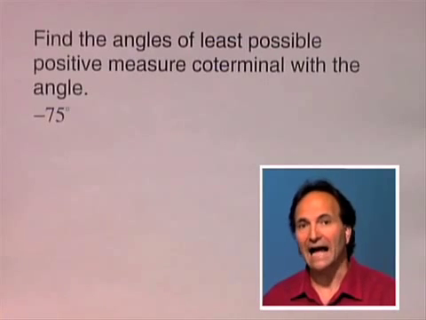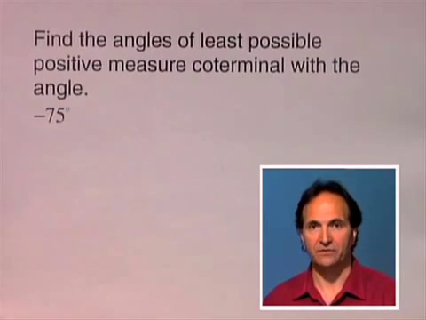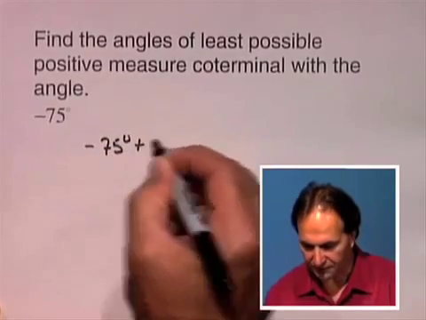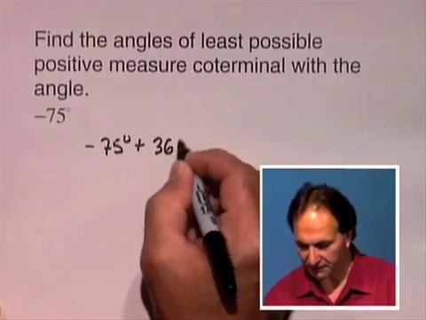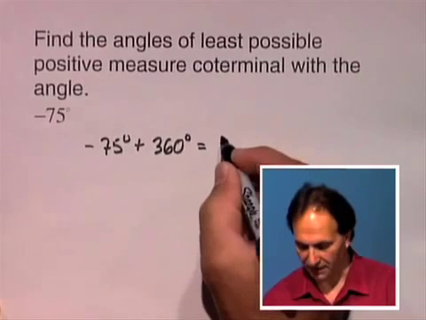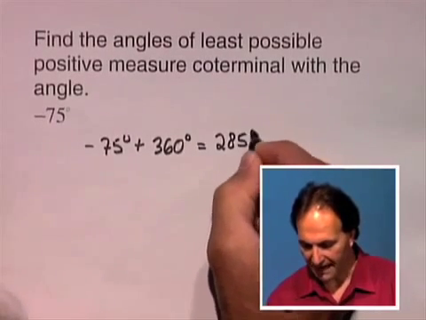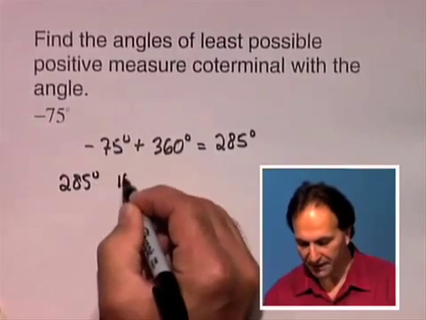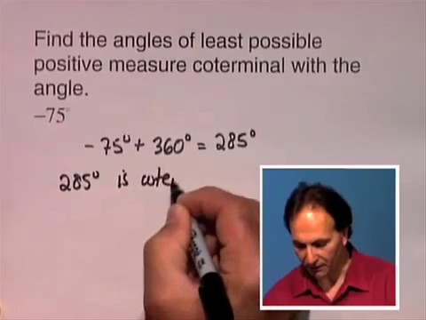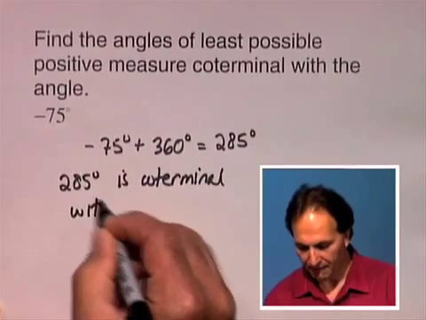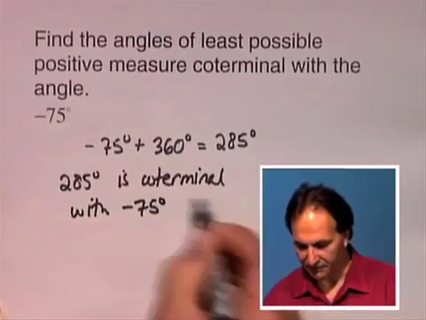So we will add simply 1 times 360. Negative 75 degrees plus 360 degrees. That gives us a result of 285 degrees. So 285 degrees is coterminal with negative 75 degrees.